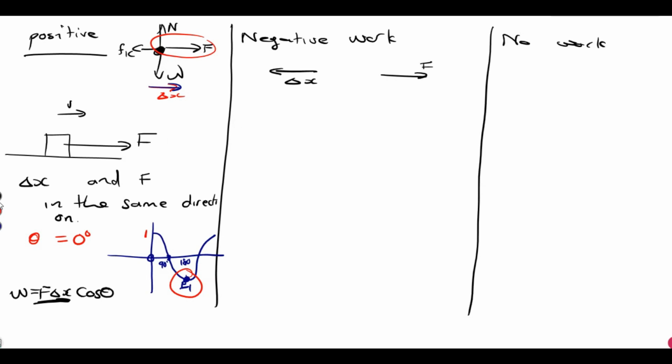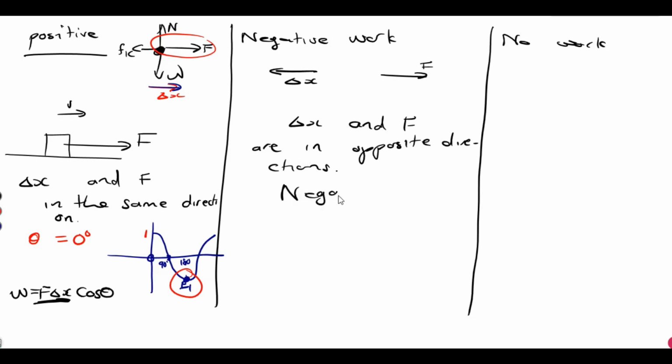So if delta X and a certain force F are in opposite directions now, then what happens? Then that force is doing negative work. It means it's acting against the system.